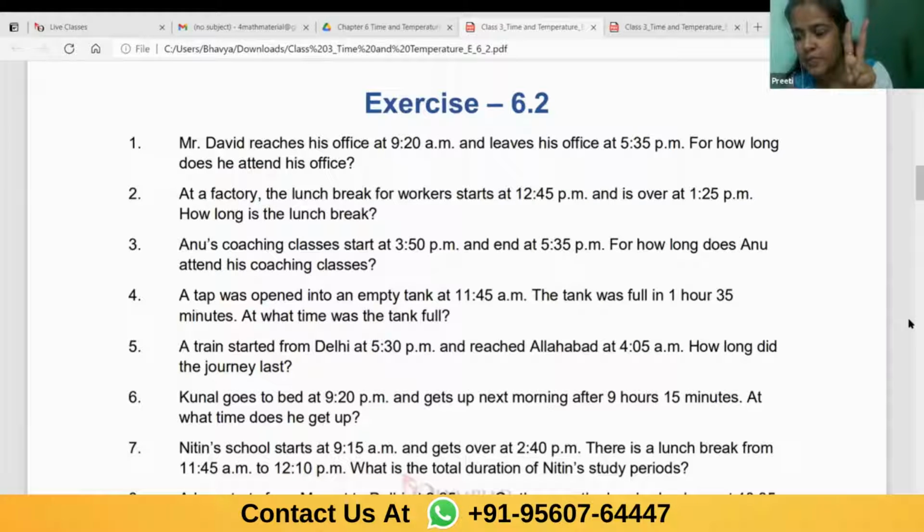Again after 1 hour, 7:30. Then 8:30, 9:30, 10:30, 11:30, 12:30. It is crossing midnight now. Midnight crossed. 1:30, 2:30, 3:30. The answer is wrong somewhere, Aradhya.